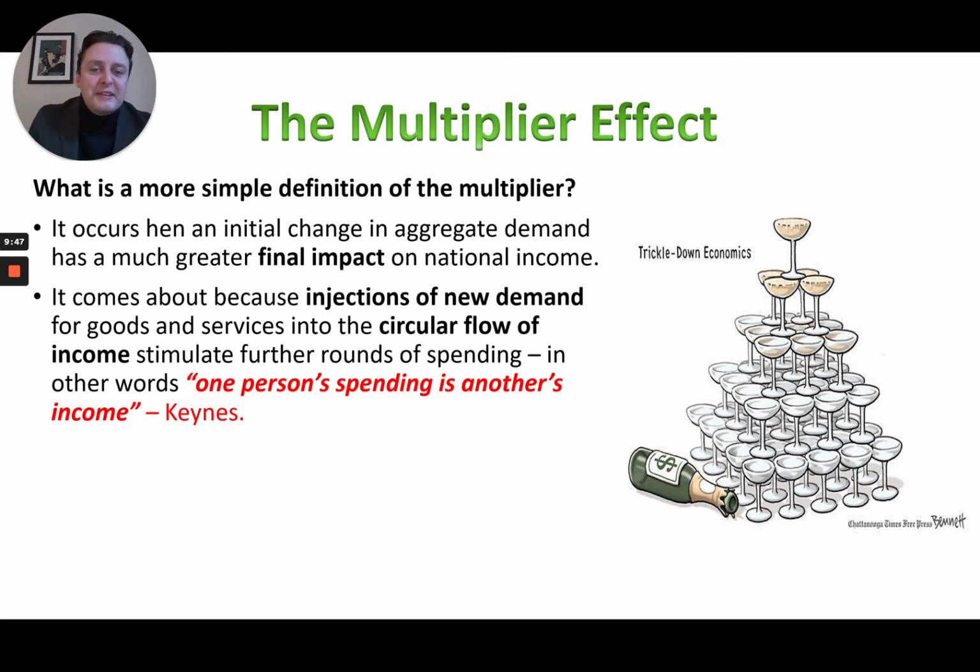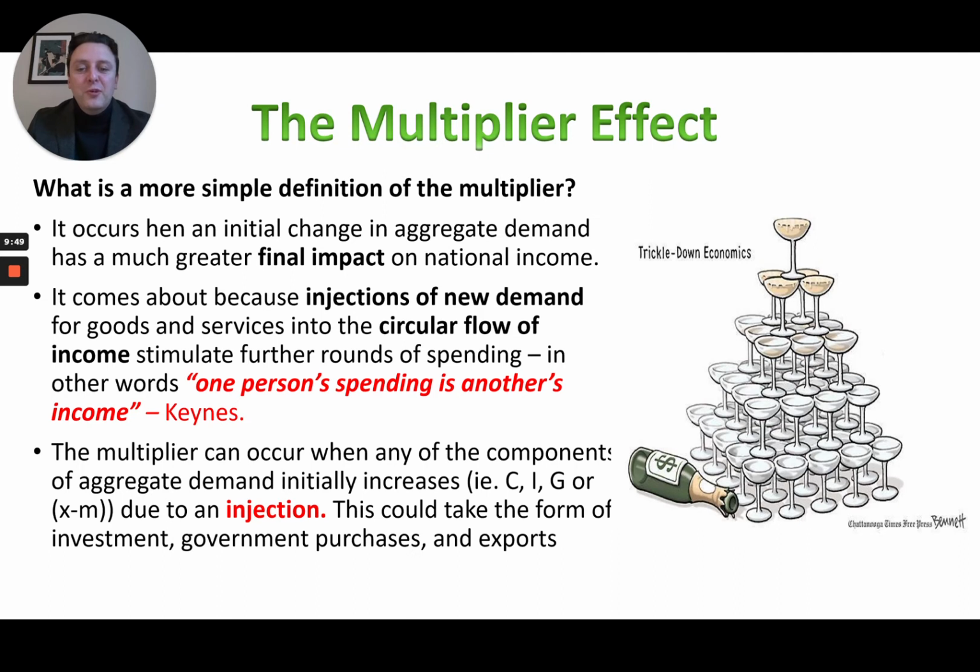Now you can see this argument being used for policies such as trickle-down economics. In other words, you cut taxes for the richest in society, and the logic goes that they will spend more money, and therefore more people will be employed. They'll invest more, people will be employed, and then they will again spend more money in the economy.